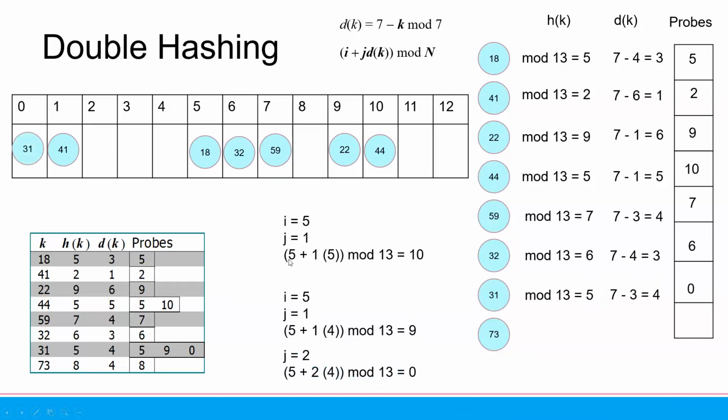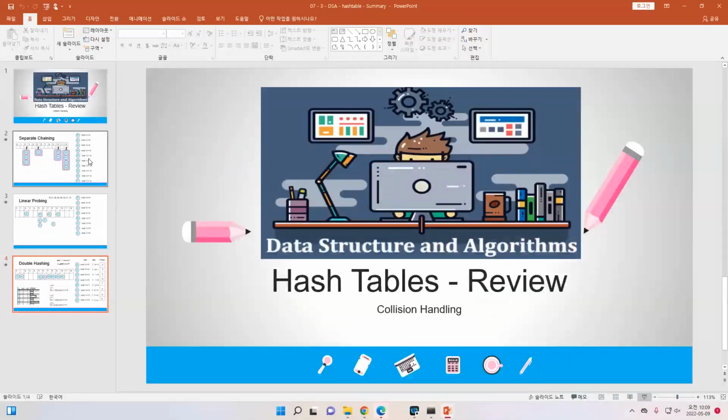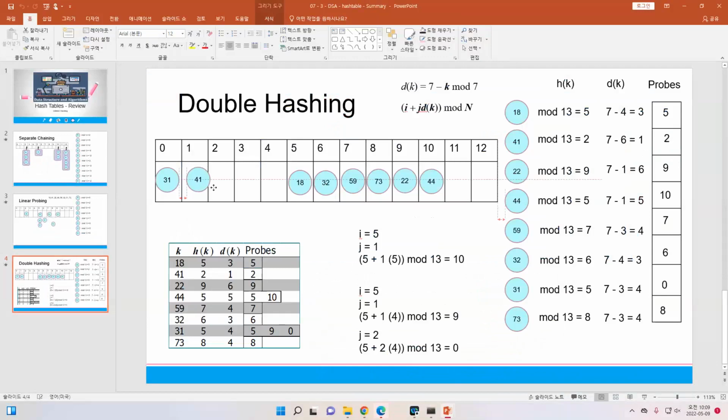And we put it into index 0. And 73 mod 13 is 8, because 8 is empty, then we put it here. Okay, so this should be here.